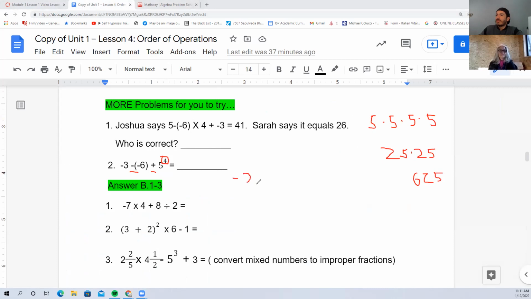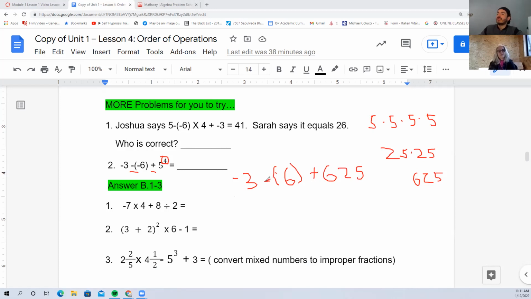Okay, so I have -3 minus a -6. We don't actually need that parentheses. I'm just going to use it to keep things clear. 625. So now I have 2 operators. I have a subtraction sign here and an addition sign here.